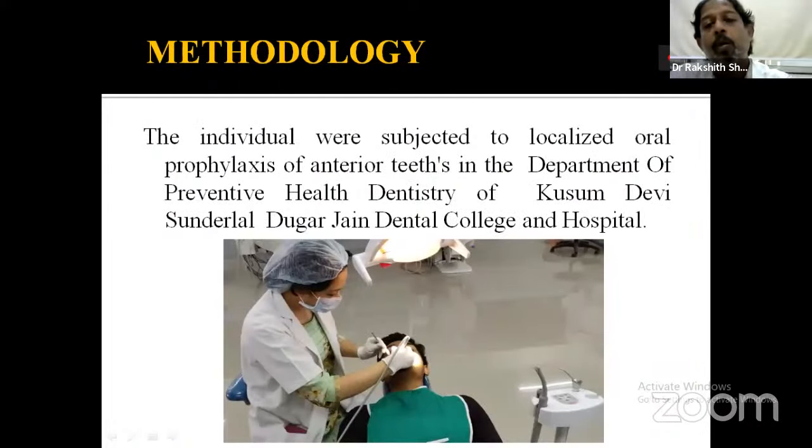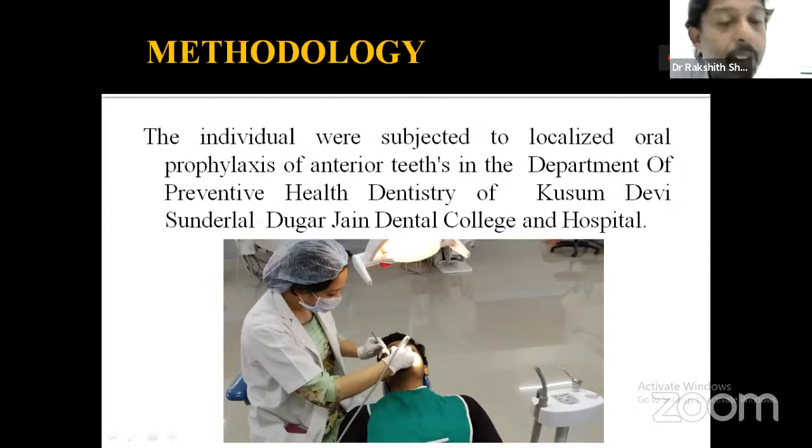As I told you, to remove this biofilm, we subjected every individual, those 90 patients, to oral prophylaxis of the anterior teeth. I just started the study with only the anterior teeth. I did not go further to the posterior teeth, because right now I am just doing a pilot study. It is a small study.